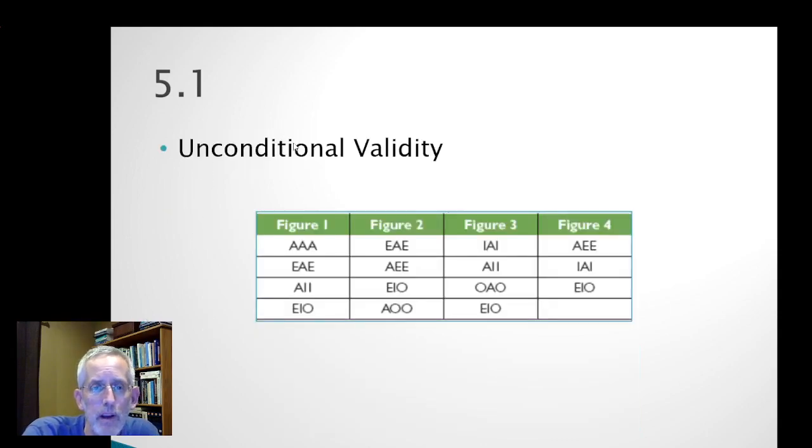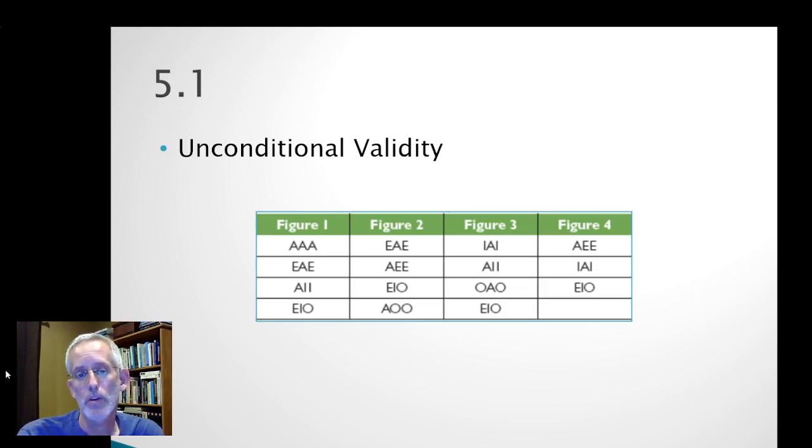Now, once we understand those structures, you can actually construct charts that show which mood and figure combinations are valid and invalid. So there are 256 ways that you can construct categorical syllogisms using categorical propositions, but only 24 of them are actually valid and only 15 are unconditionally valid.